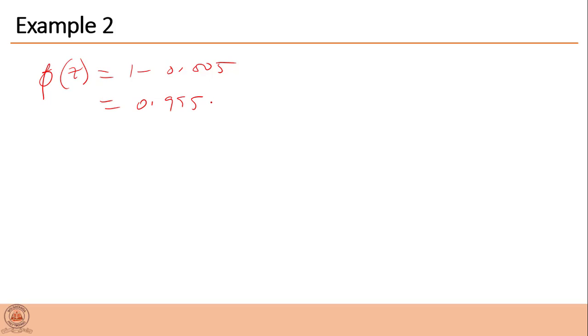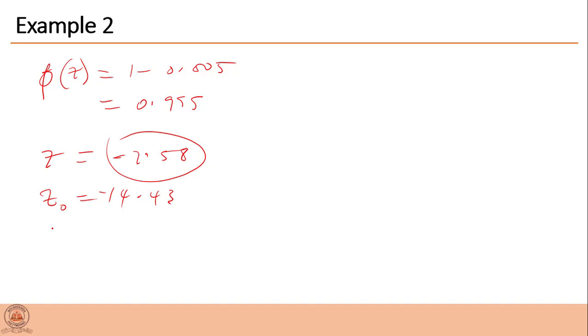Alright, let's read this in the table. Our z is equal to negative 2.58 because it falls within the negative side of the table, so we'll have to negate this value. So we compare this value with what we have calculated, which was z0 equal to negative 14.43.